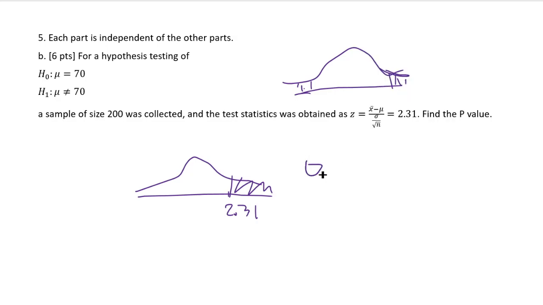So 0.01044. And now you have to double this because this is a two-tailed test, as I said, so your answer will be 0.02088. Okay, so that is the value of the p-value.